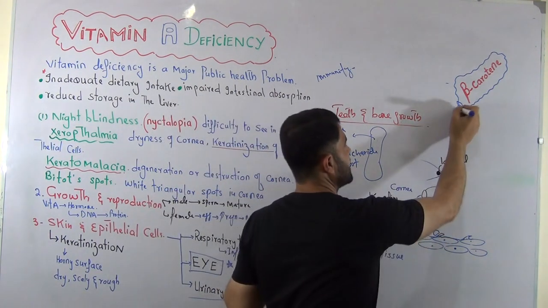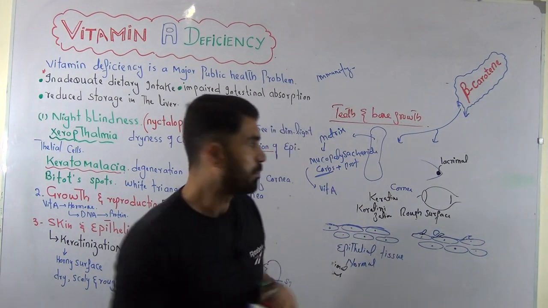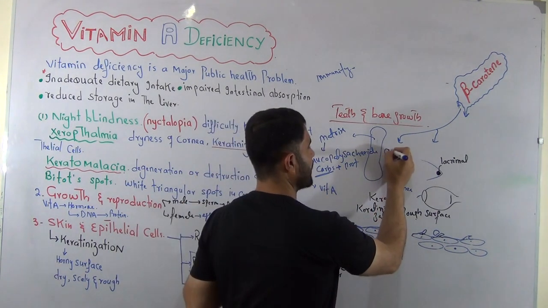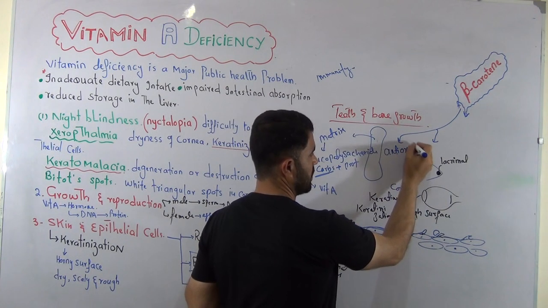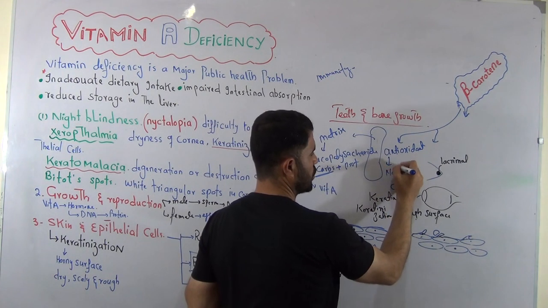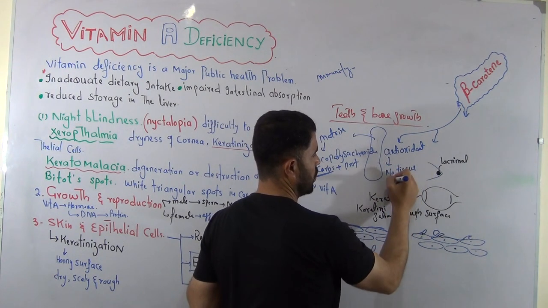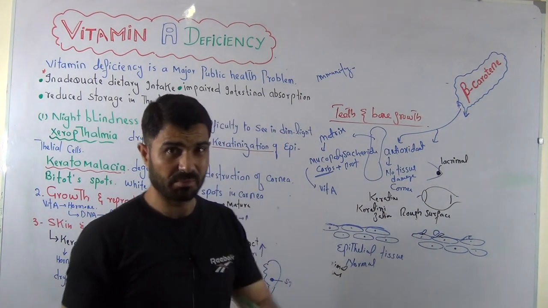So if you take beta carotene, what will happen in your body? Beta carotene will provide you one advantage, that is antioxidant. Antioxidant means no tissue damage. It will protect your tissue from the damage. One.